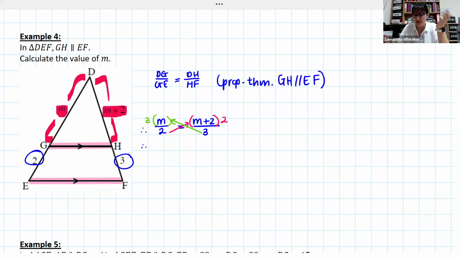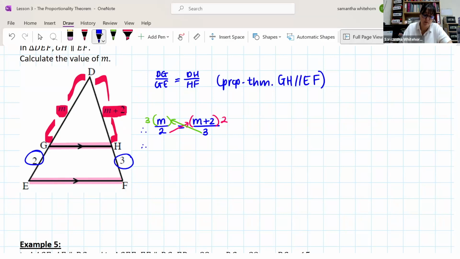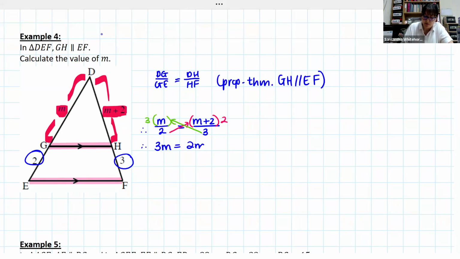You obviously can find an LCD as you're used to, but once you have one fraction on either side, just cross multiply your denominators. Like I said, it's a shortcut for getting an LCD. So we've got 3m is equal to 2m plus 4, because remember, I would distribute that 2 into my bracket. And so I get that m is equal to 4 units. Again, you can just say m equals 4. You don't have to write units.